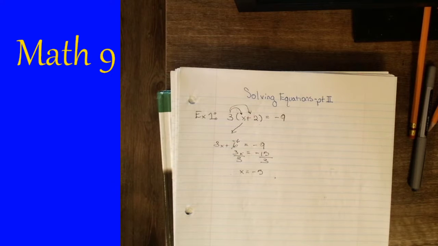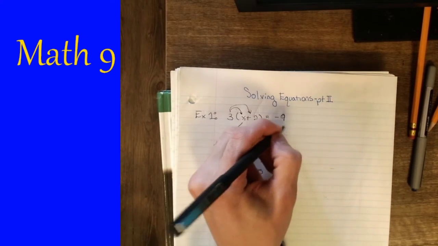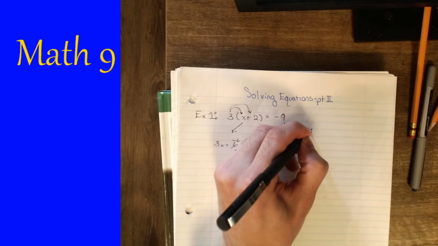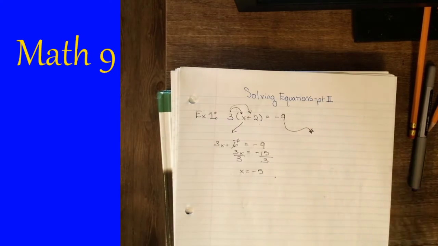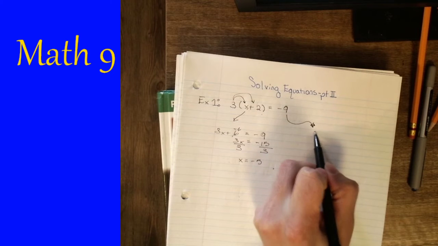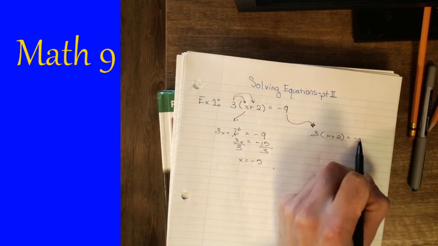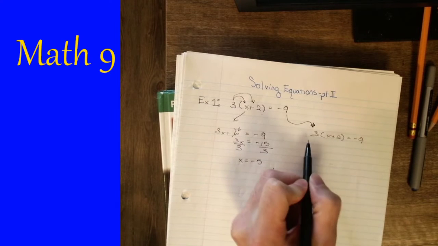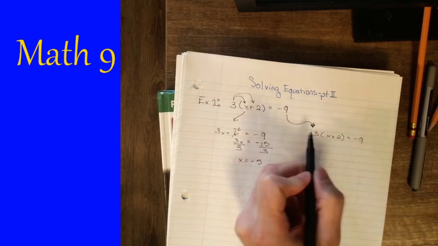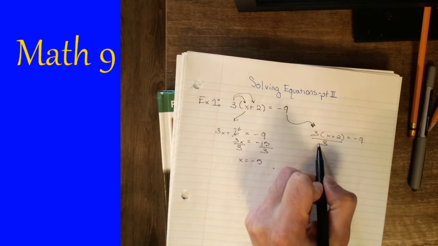Another way to do this equation, which we'll do over here, I'll just rewrite it, is actually to divide everything by 3. So I'm going to divide this by 3.